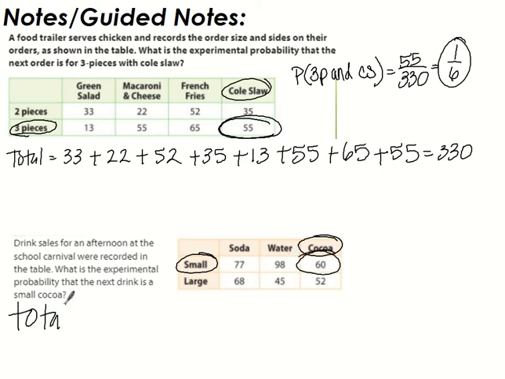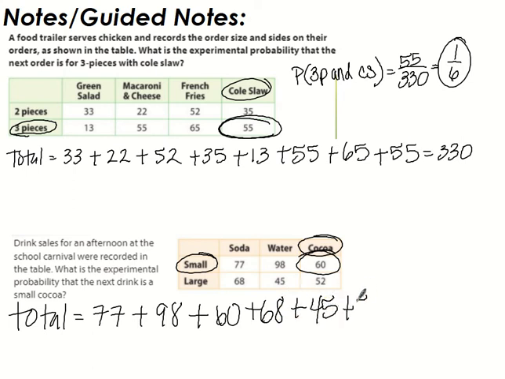So pause, find the total, find the experimental probability, reduce. Okay, I want you to pause. I want you to do all of it. See if you can match mine and see if you can find that probability of a small cocoa on your own before I do it.